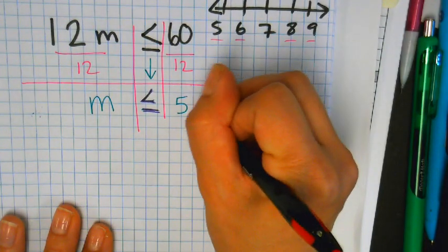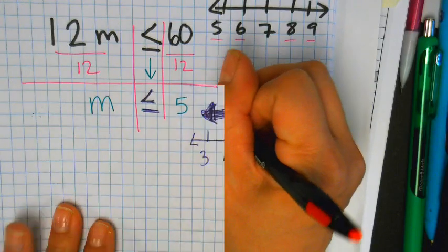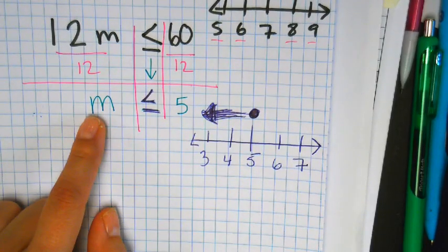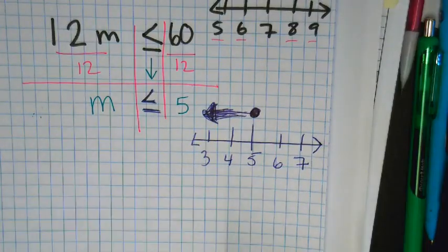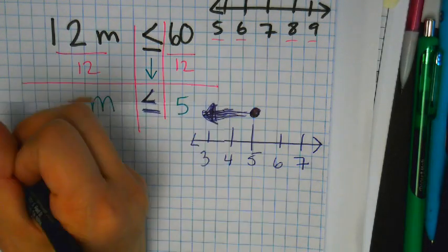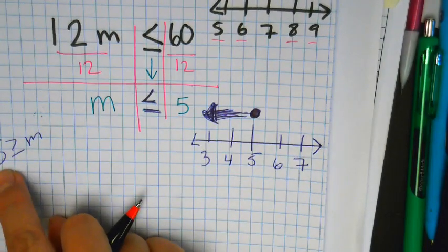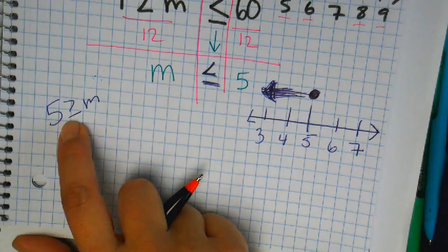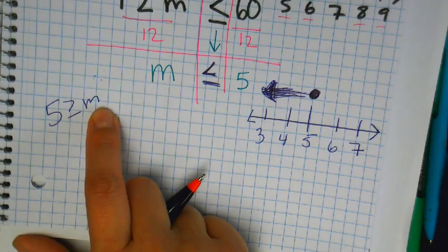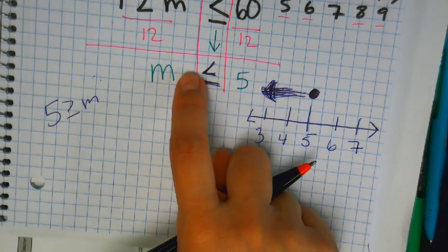Especially only if your variable is first. If your variable is second, then you shade the opposite way. But I didn't trick you. If it's 5 greater than or equal to m, see how the number came first and the variable came second, then you shade opposite. To the right.